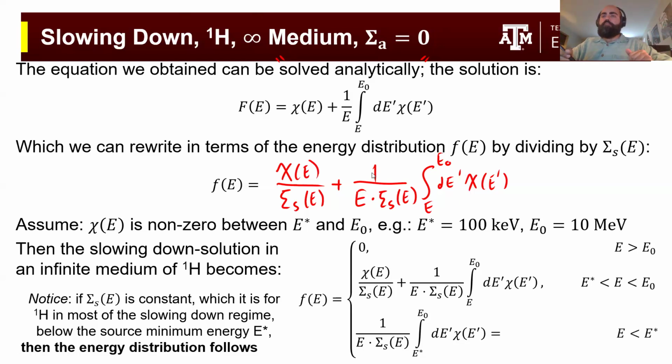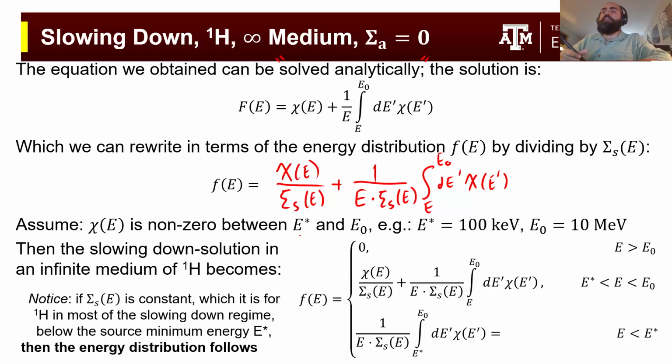And the next thing that we're going to basically argue is that, we're just going to assume that if this chi of E is our fission spectrum, then it's only valid in the fast range.